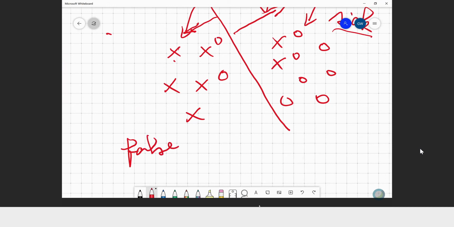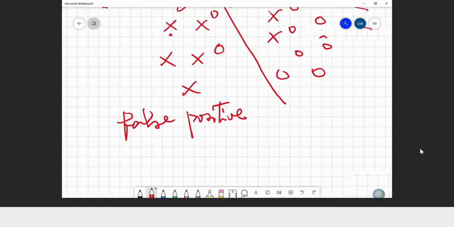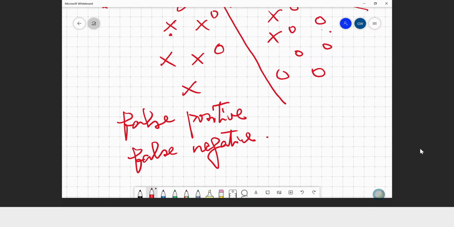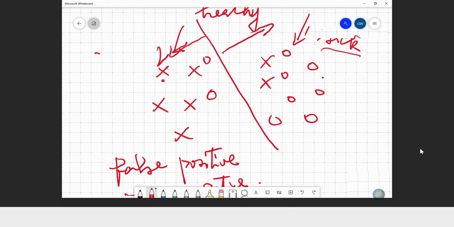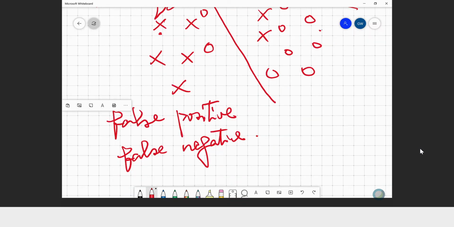Then what is a false negative? That just means this guy is sick, but I misclassified him as healthy. So that will be a false negative.